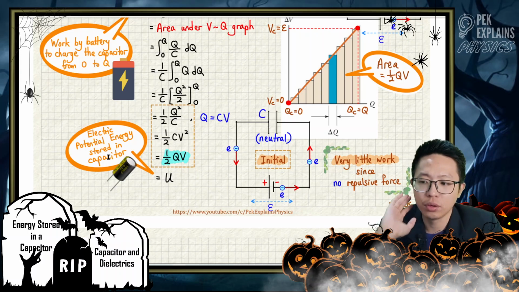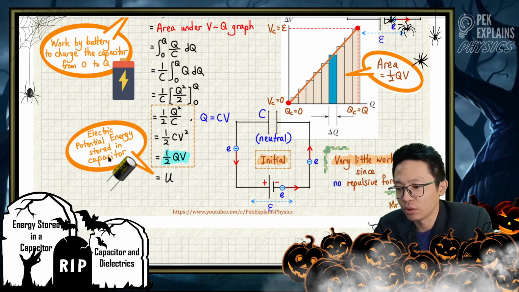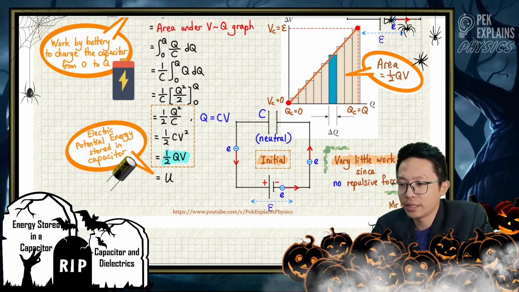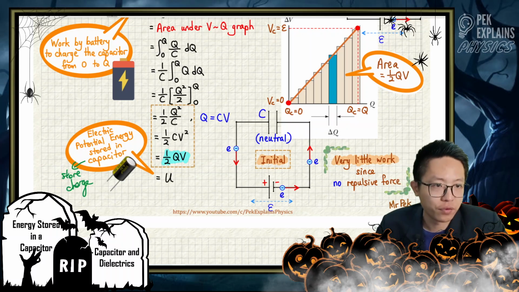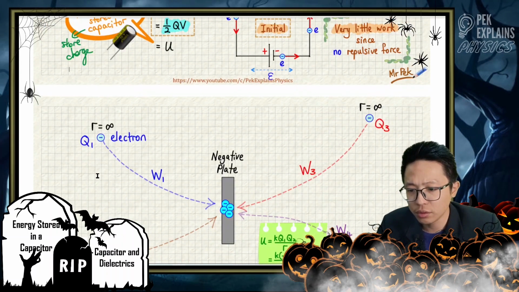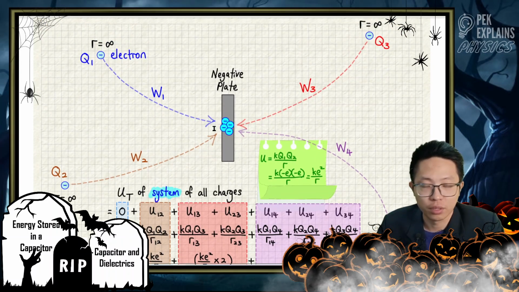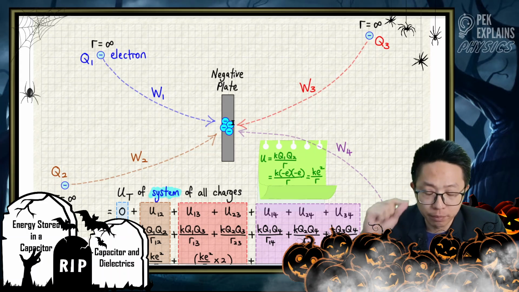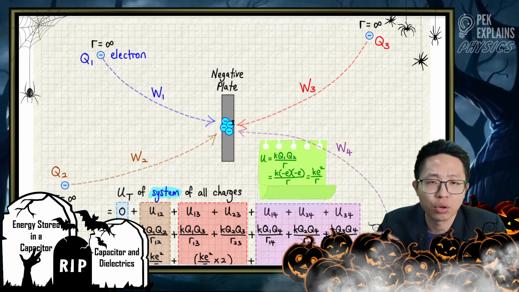So that's why we don't always say the capacitor only stores charge. Yes, of course it stores charge. But do you know that when it stores charge, at the negative plate, it builds up electric potential energy stored in the capacitor?